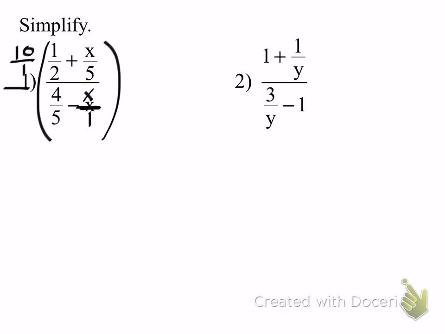I'm really only using that 1 as a place to keep myself lined up. So if you did 10 over 10, that would be okay, like I did on the right side. When you put that 1, it just keeps you lined up. Try cross-canceling and simplifying.